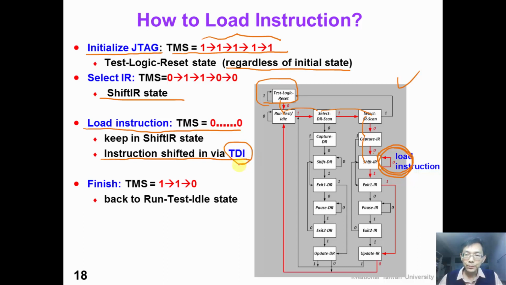When we are done, we can now leave the shift IR state by applying a TMS sequence of 1, 1, 0. This will bring us back to the run test idle state. And then we are finished loading the instruction.